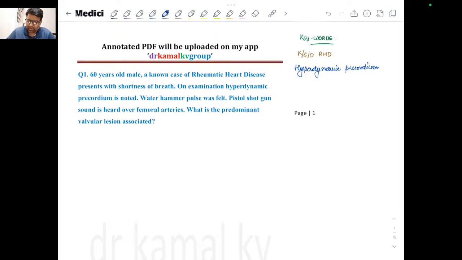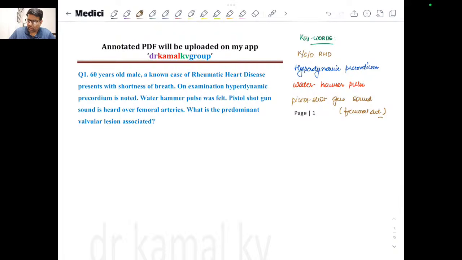Then water hammer pulse. Then pistol shot gun sound over femoral arteries. Right? So these are the important clues which are given to us.